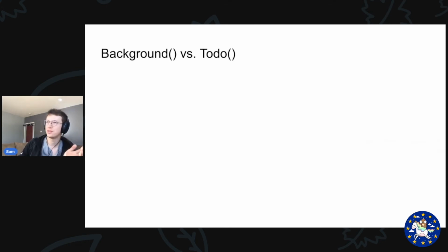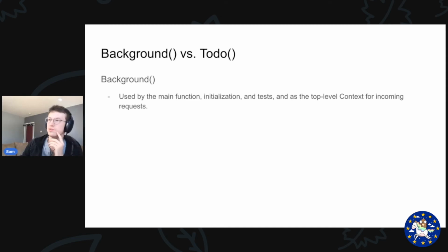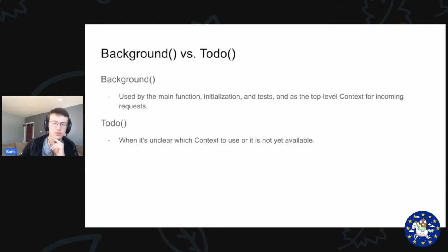And real quick, I want to touch on when you would use background versus to-do, since they both seem to return an empty blank context. Background is used by the main function, initialization and tests, and is the top level context for incoming requests. To-do is used when it's unclear which context to use or one is not yet available.